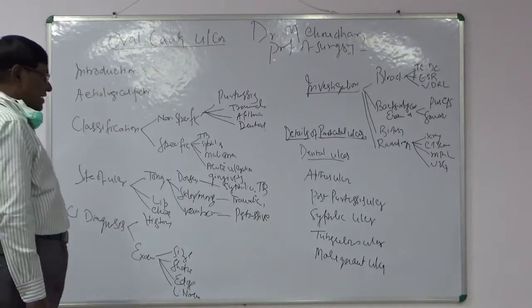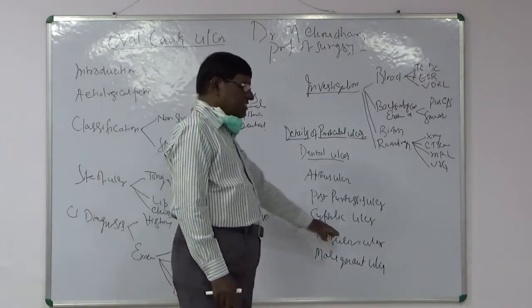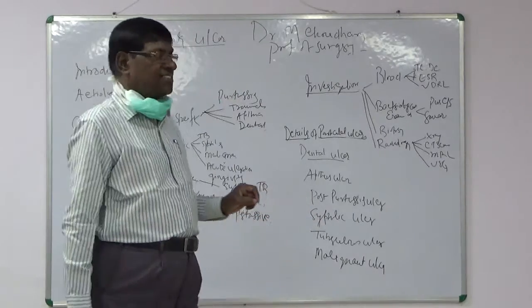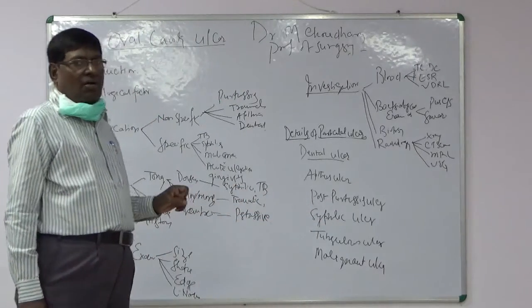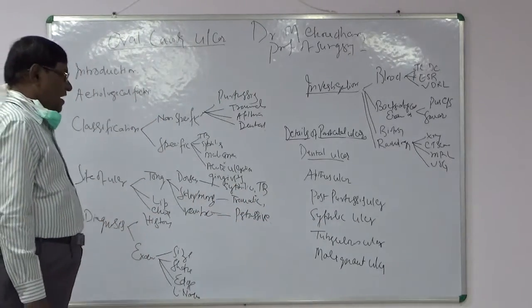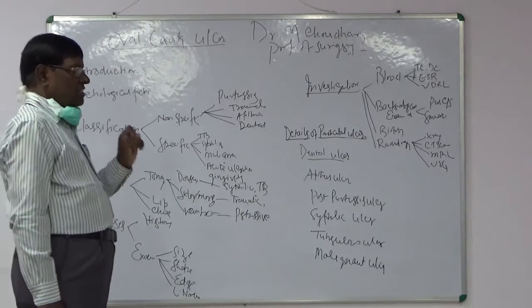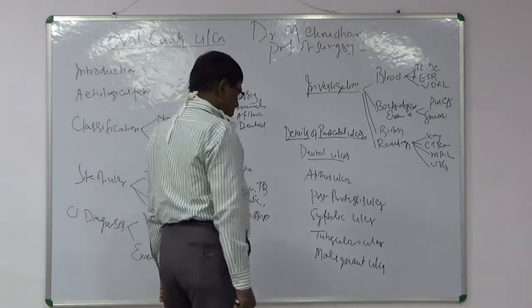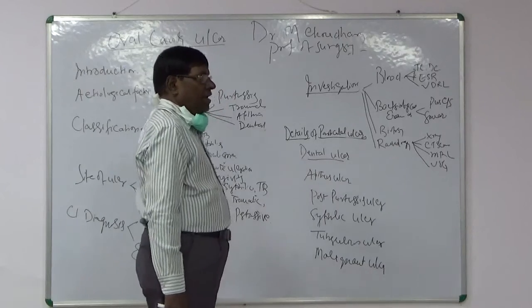The chancre is a small, single, painless ulcer, round or circular, and the margin is indurated, button-like and firm in feeling.